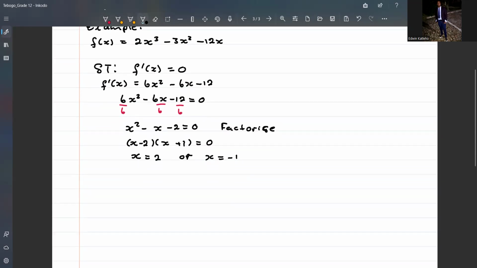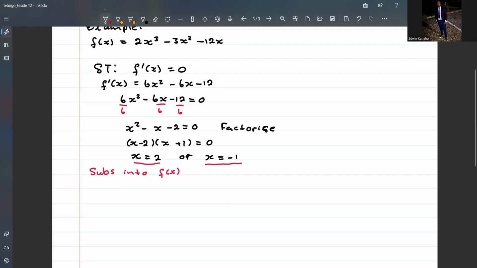So from here, we just need the y coordinates. What we're going to do is take these x coordinates and substitute them into f of x.